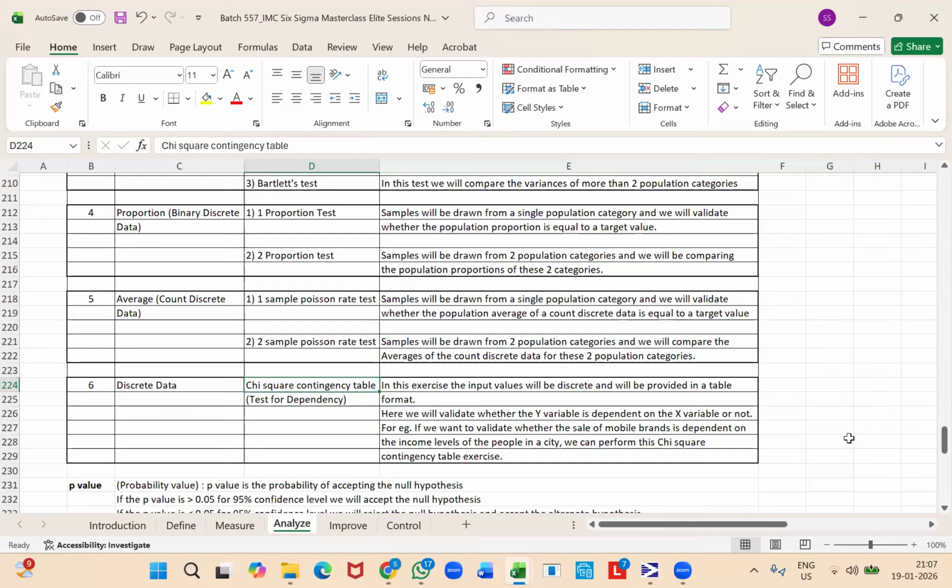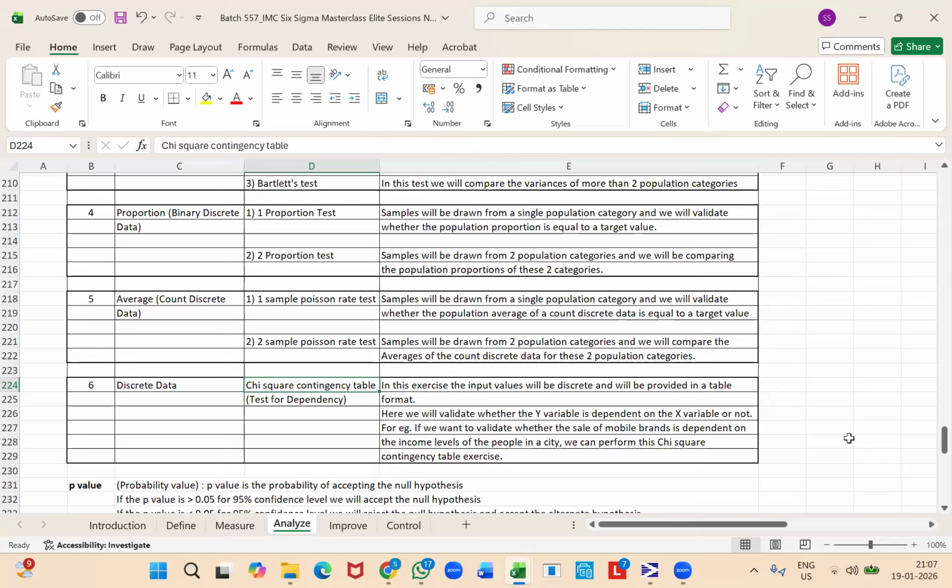Then only we can call that a table. And the input values will be discrete values. We will not have continuous data as input values. The input values out and out will be discrete values in this chi-square contingency table.